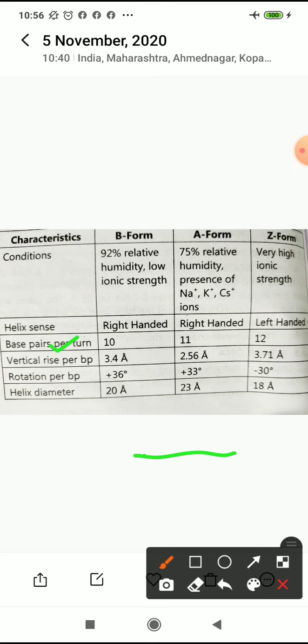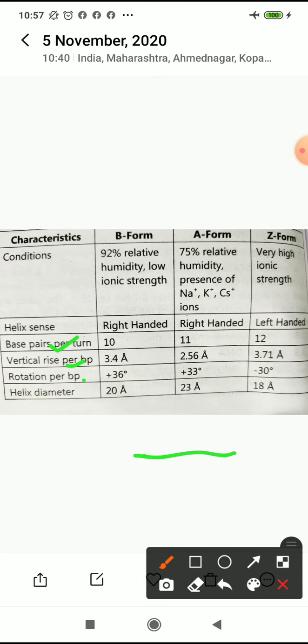Related with vertical rise per base pair, B form 3.4 angstrom, meaning the distance between two base pairs. In A form 2.56 angstrom, while in Z form base pair distance is 3.71 angstrom.